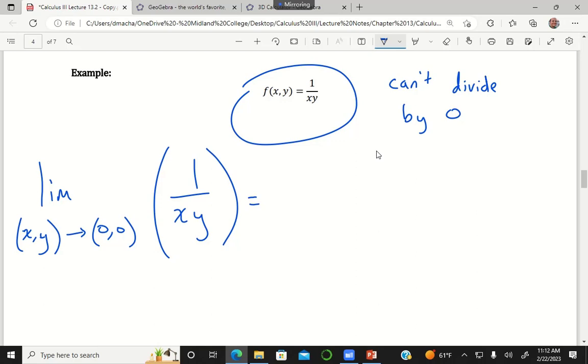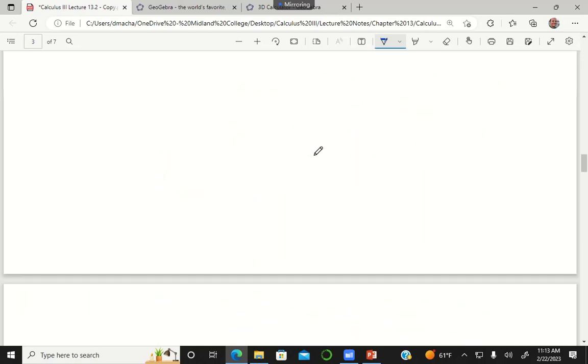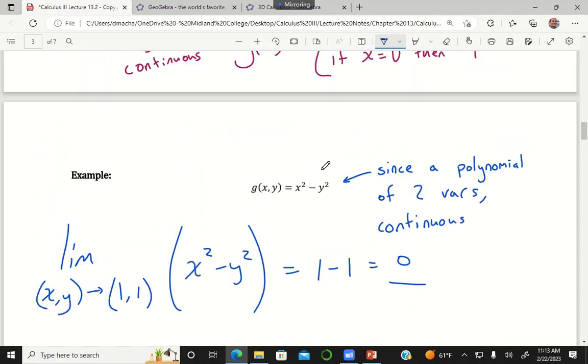I can't just plug in zeros. That doesn't help me. What you might do, and this is just an idea, is you might try to take limits going at different directions at the problem.